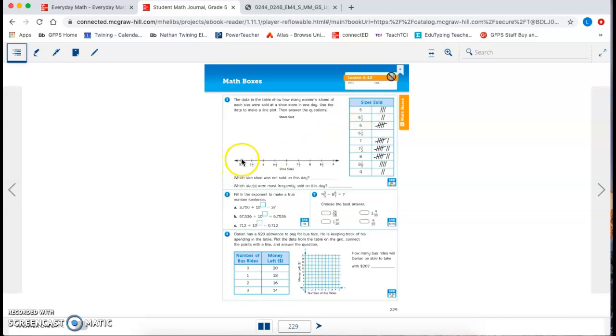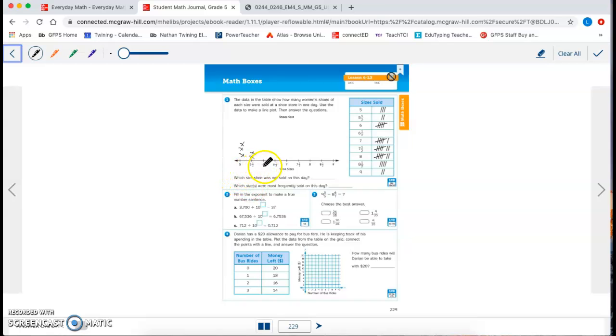So that means you'll go to 5 and you would add 3 X's over top of it. Okay. So then 5.5, there's 2, so you'd put 2 X marks, and so on, until you've gotten all the way through.